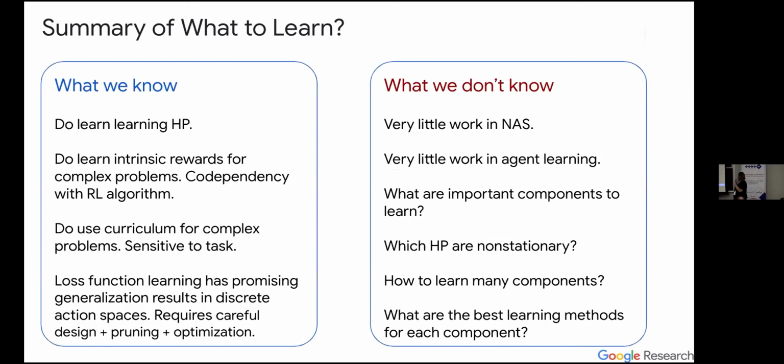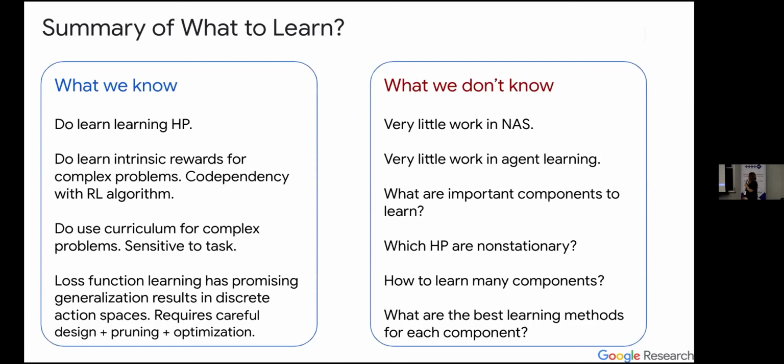All right, so what's a summary of these learning methods? What do we know, and what do we not know? I feel this should be trivia by now, but okay. We know that if you have learning hyperparameters, do learn them. If you're not going to learn them, please do random search and not grid search, promise me. Second, if you have decent hyperparameters and complex enough tasks, do shape the rewards, learn the rewards.